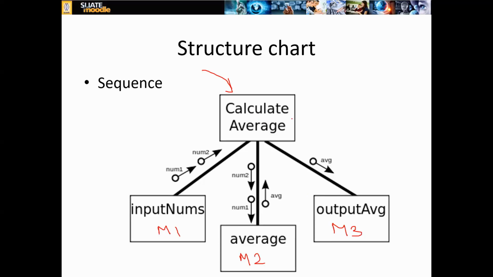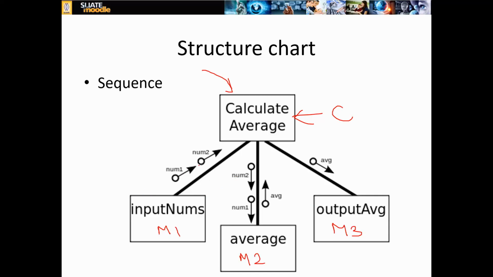And this works as the controller, and the controller will control all these activities, right? Without inputting numbers, you can't output. Without input numbers, you can't calculate the average. Therefore, you have to control the flow of operations, right?